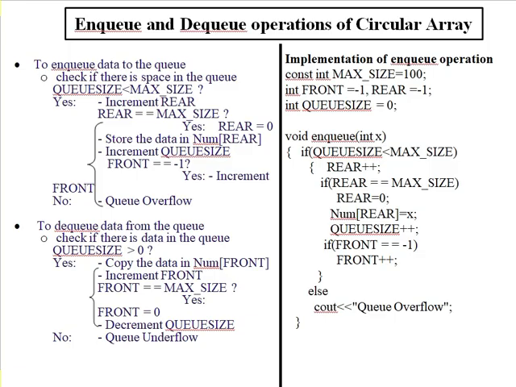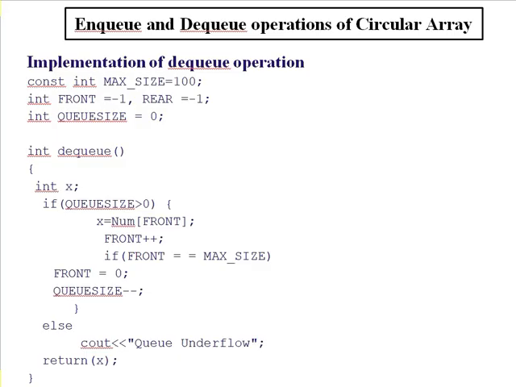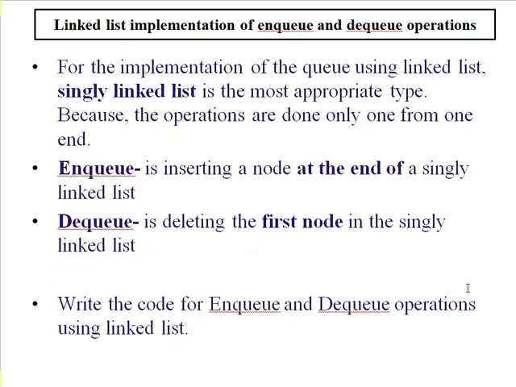So you can just see those implementations of the enqueue and dequeue operation on the circular array. For the implementation of dequeue operation, you can just follow from this one.